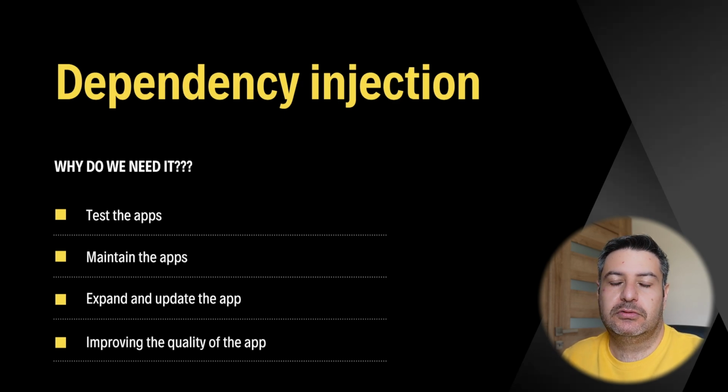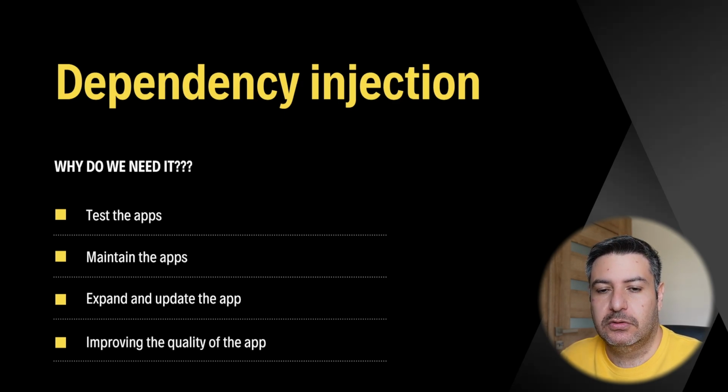And if we want to maintain our app or expand or update it later, we can do it better by using dependency injection. In total, dependency injection will improve the quality of our applications.